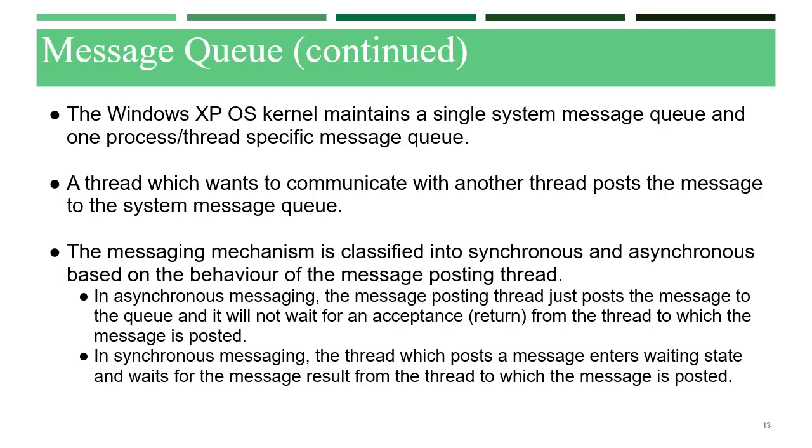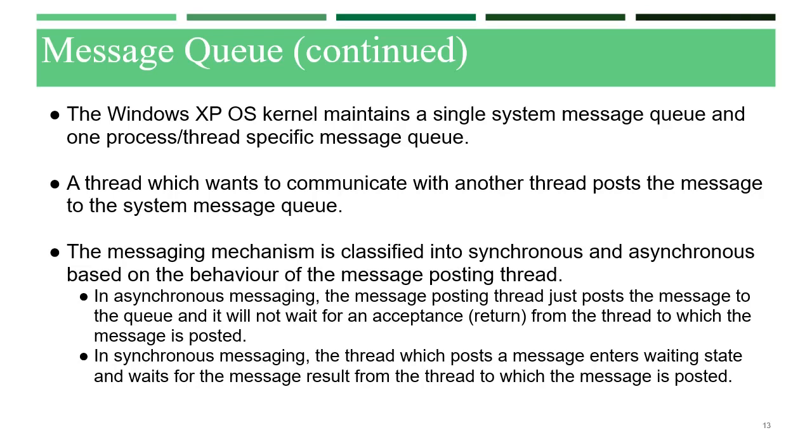The messaging mechanism is classified into asynchronous and synchronous based on the behavior of the message posting thread. In asynchronous messaging, the thread just posts the message to the queue and does not wait for acceptance from the thread to which the message is posted.